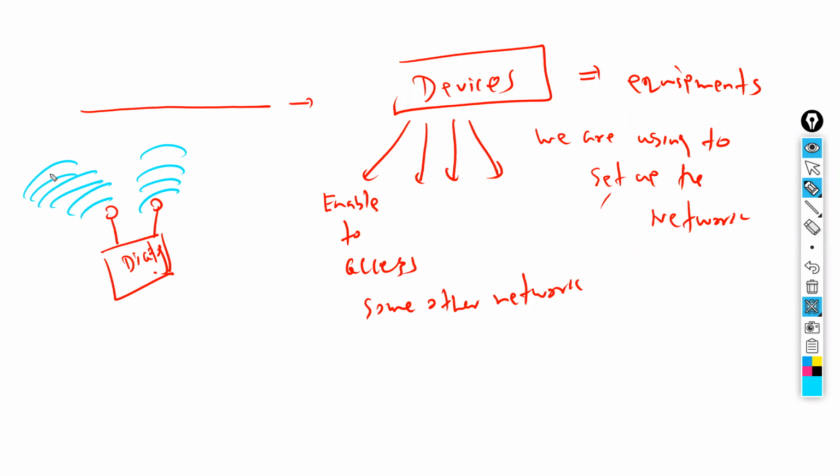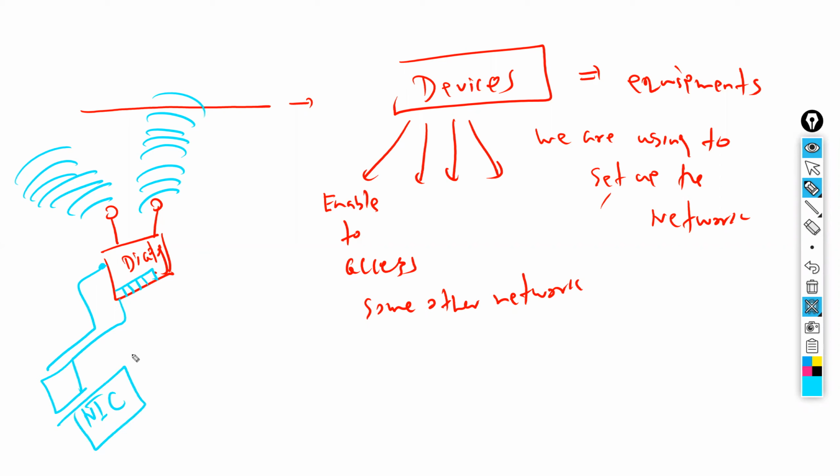They can transfer signal, and even the wired is also there. There are normally 4 or 5 ports. We can plug the network cable into the network interface card in the laptop or desktop. We say NIC. Then only this computer will get the internet connection from this Dialog router, right?